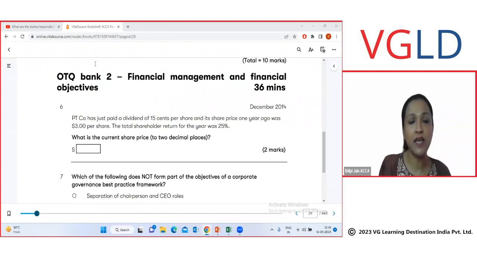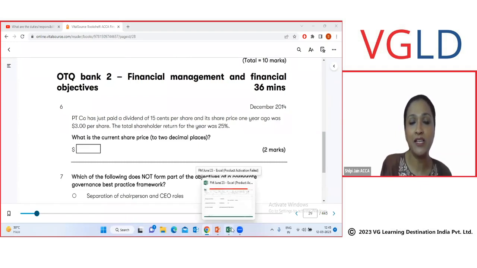Okay, so let's see. PT company has just paid a dividend of 15 cents per share and its share price 1 year ago was $3 per share. The total shareholder return for the year was 25%. What is the current share price is what you need to tell me. So you have basically all the details. All you really need to do is find out the current share price.